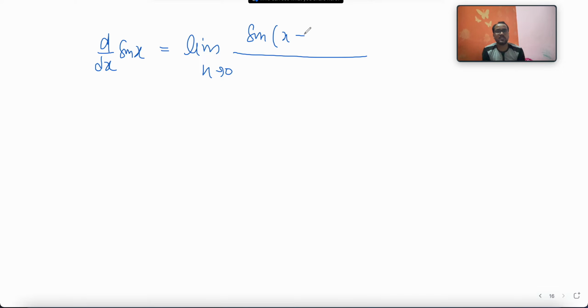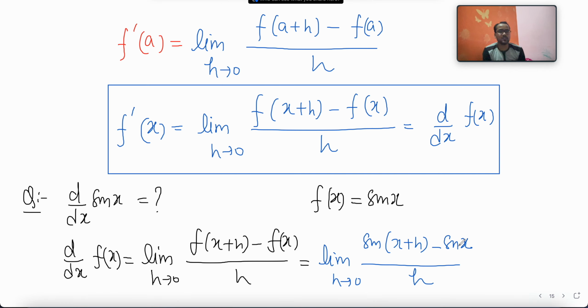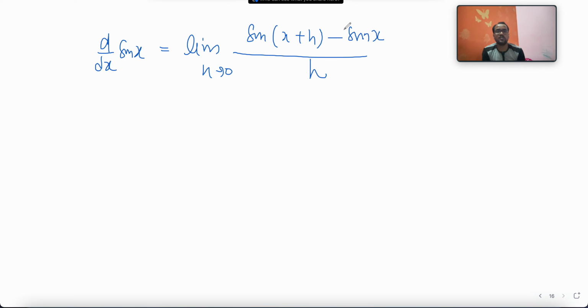So we got derivative of sine x with respect to x as limit h tends to 0 sine of x plus h minus sine of x upon h. Look at here, sine of x plus h minus sine x upon h. This we got the derivative of sine x.